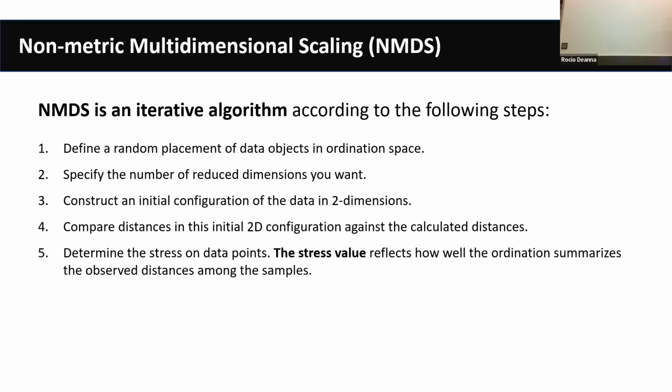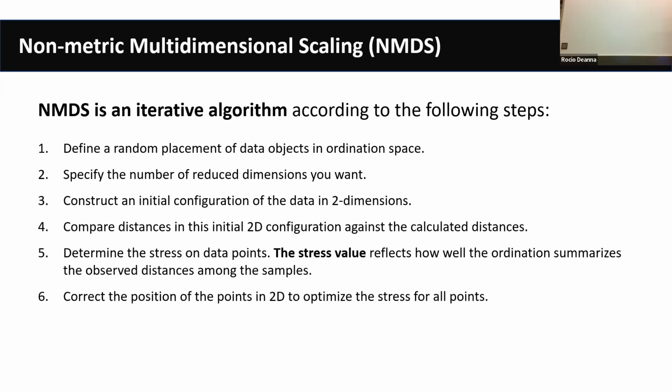The stress is the value of the goodness of fit of the analysis. So it reflects how well the ordination is summarizing the observed distances between samples. We want to reduce the stress as much as possible. And then, according to that stress, it corrects the position of the points in 2 dimensions to optimize the stress.